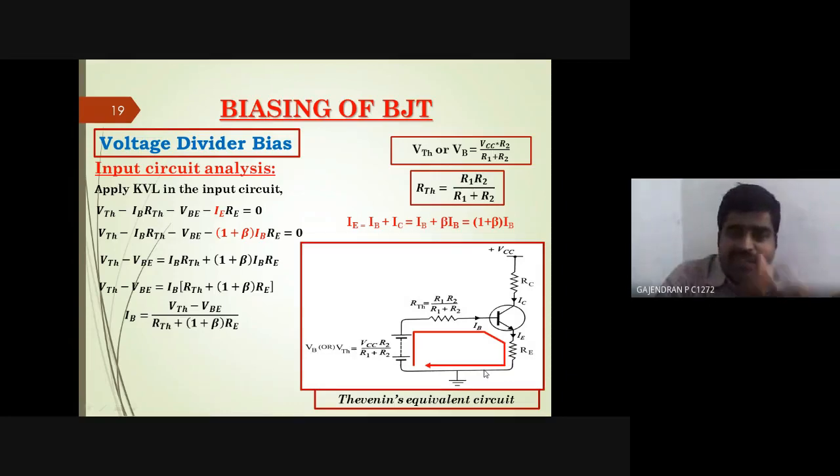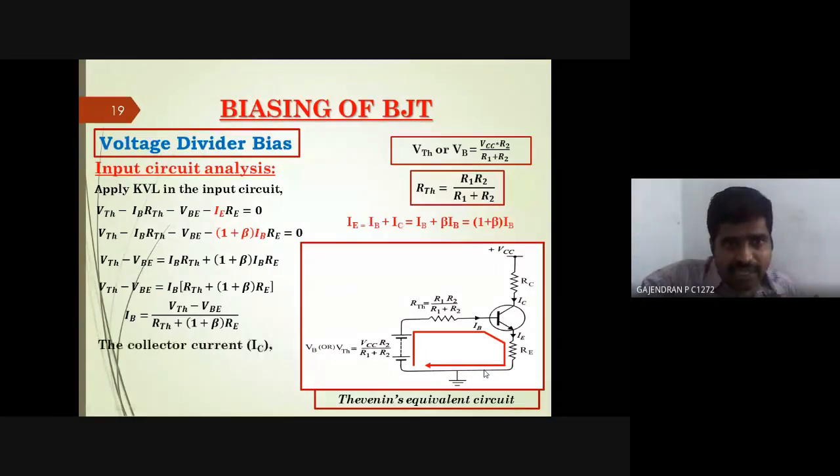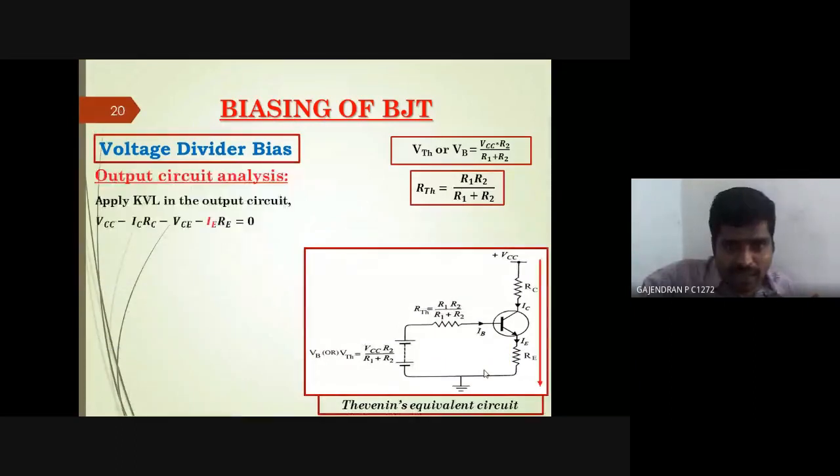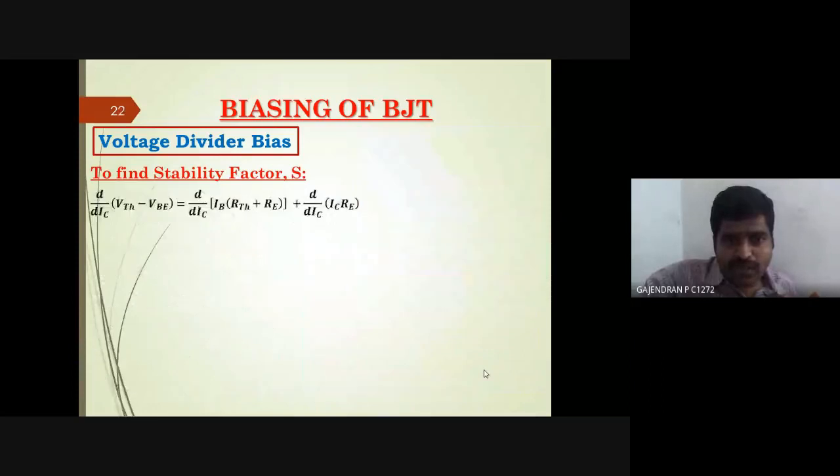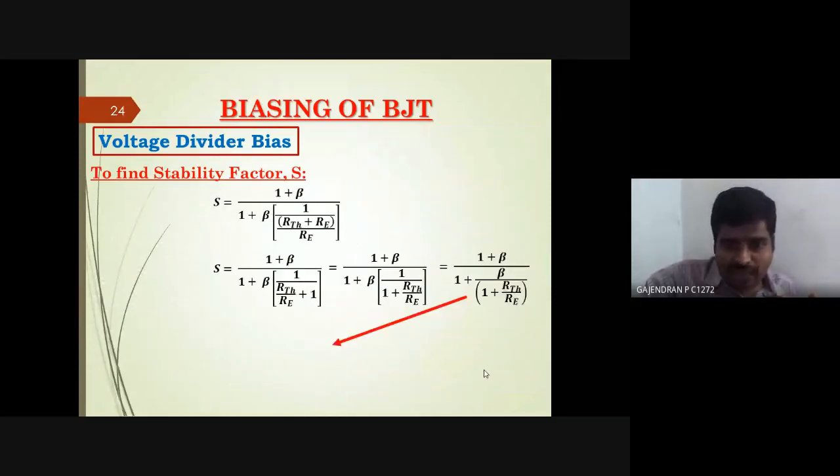Then we will differentiate with the collector current. Then we will substitute that equation into your stability factor equation. Correct? We need to substitute it into the last stability factor equation. If you substitute, we will get some stability factor value.